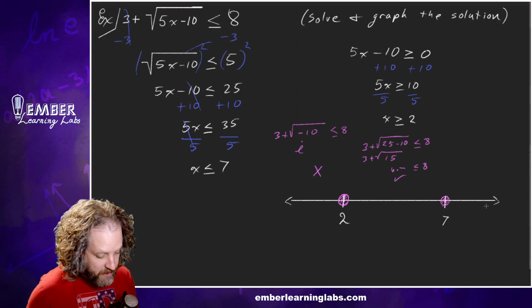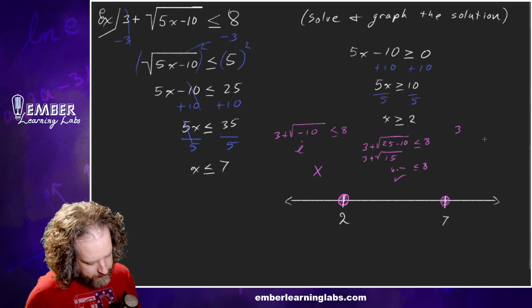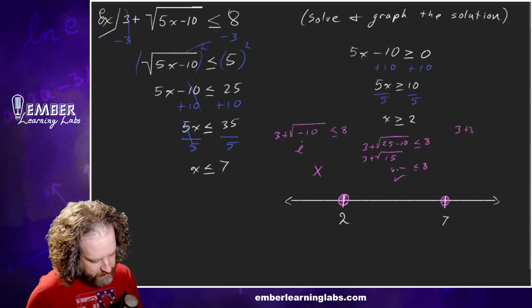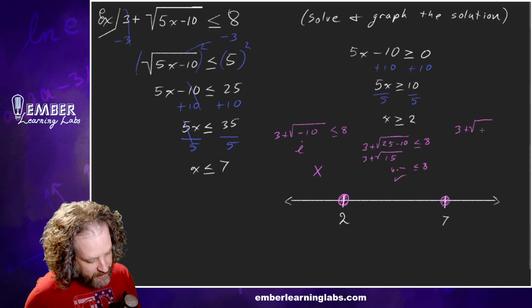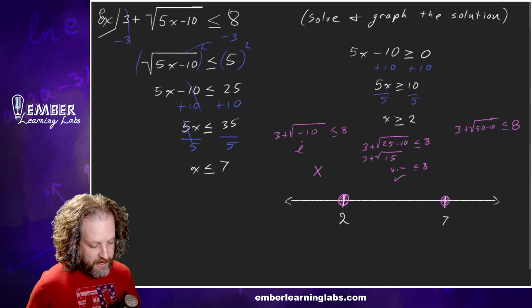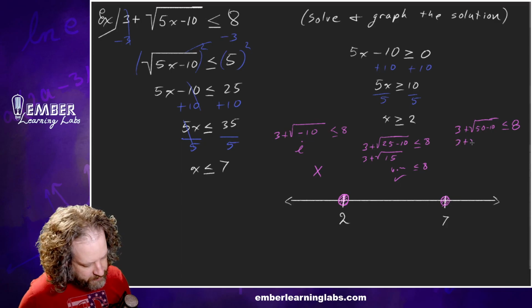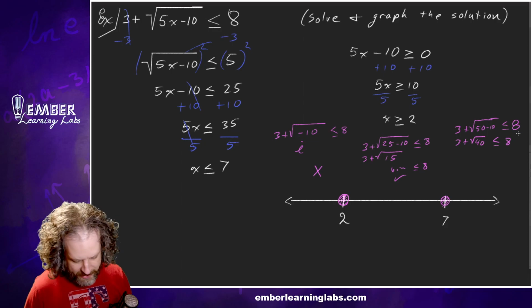So let's pick a number over here. How about 10? So 3 plus the square root of 10 times 5 is 50, minus 10. Is that less than or equal to 8? All right, so 50 minus 10 is 40, so 3 plus the square root of 40. Is that less than or equal to 8?